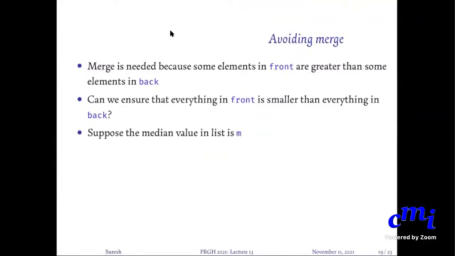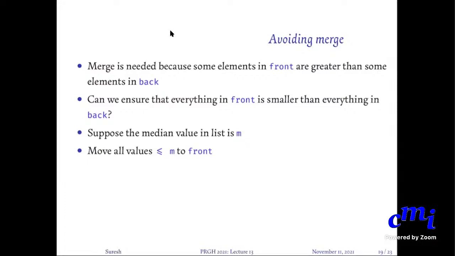Suppose the median value of the list is m. Median value is sort of the middle value. If you were to sort the list and the number of elements are n, then the median value is the value that would appear in index n by 2. Suppose the median value is m, then you could move all the values that are smaller than or equal to m to the front and all values that are greater than m to back, and then recursively sort them.